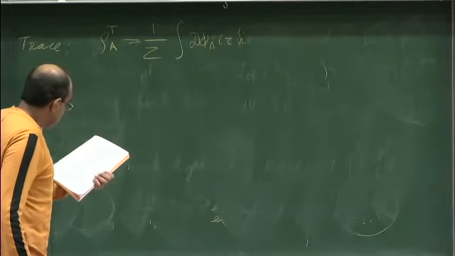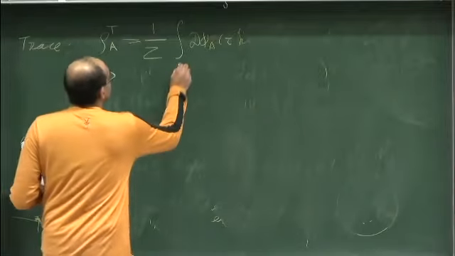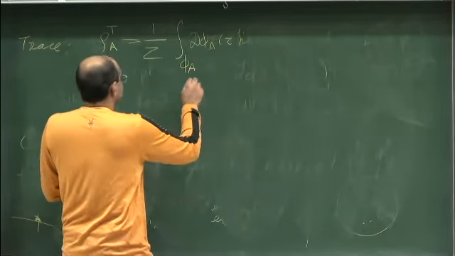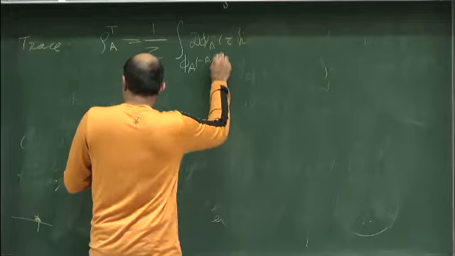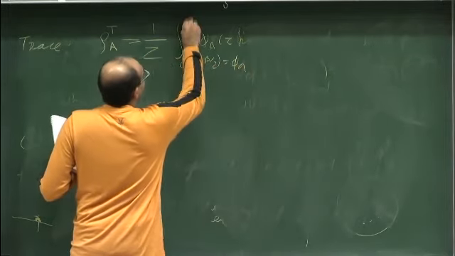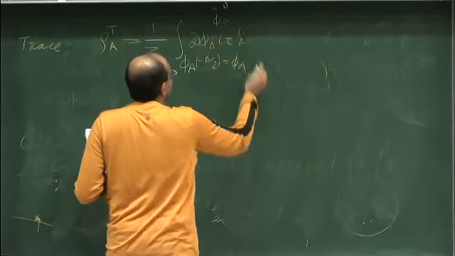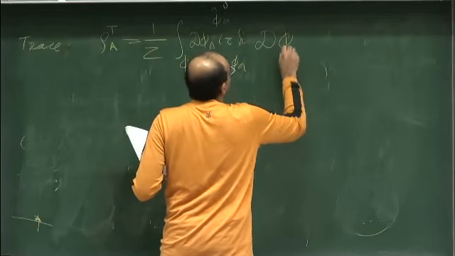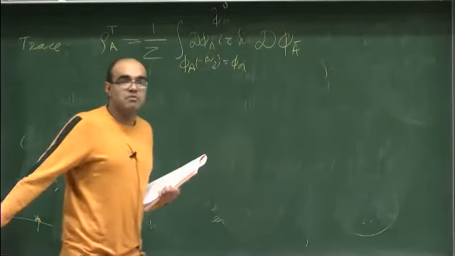I'm going to take phi A, the part that I'm not tracing over, at minus beta over 2 to be some phi A, and up there it's phi hat A. And then I'm going to put here an e, then I'm going to integrate over phi A bar. This is the part I'm tracing over.